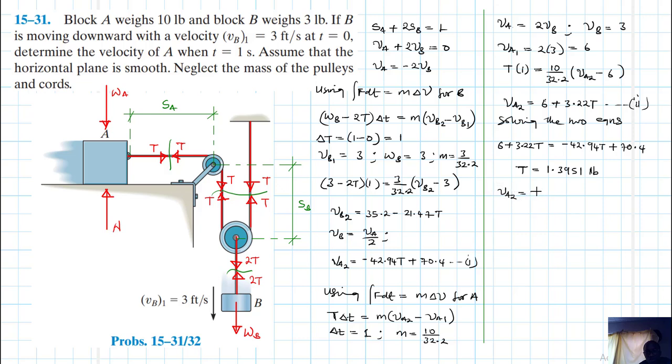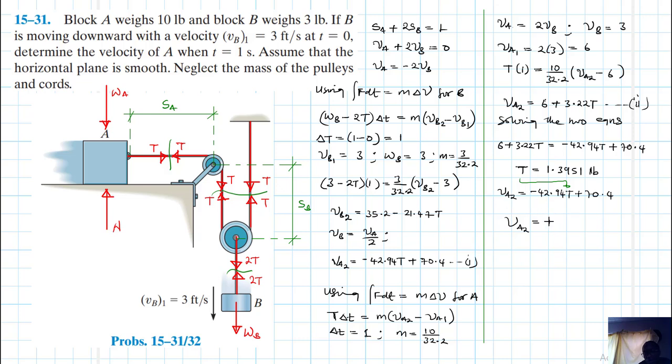We said VA2 is equal to minus 42.94 t plus 70.4. So we can replace t here, and if we do so, our VA2 is just going to be equal to minus 42.94 times 1.3951 plus 70.4.